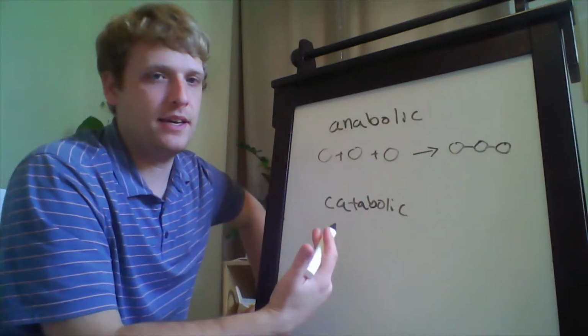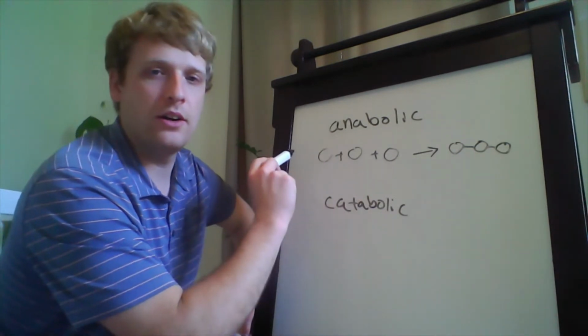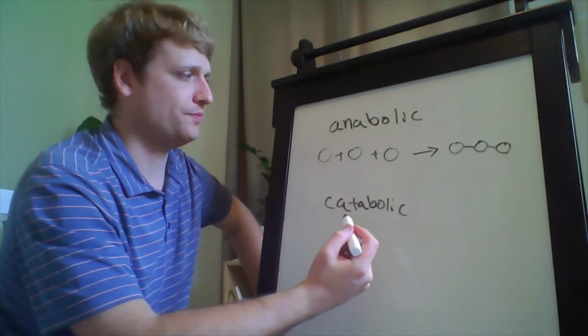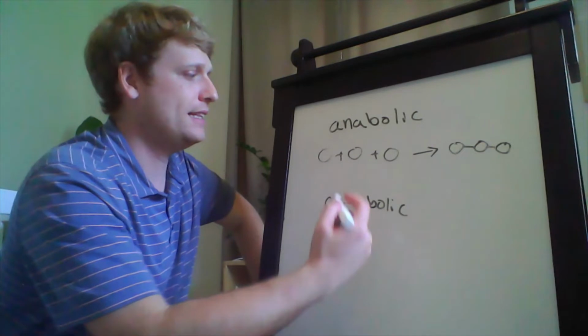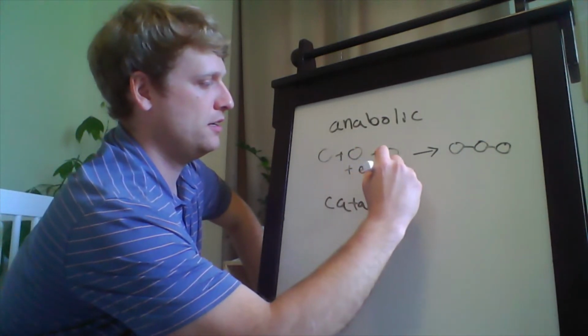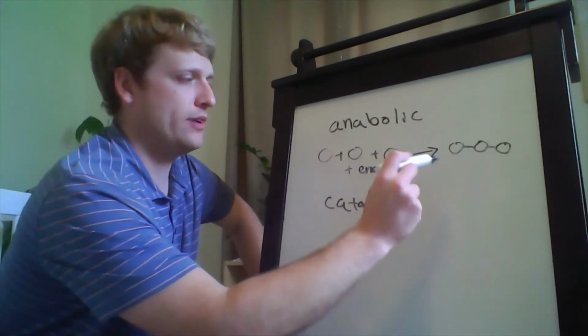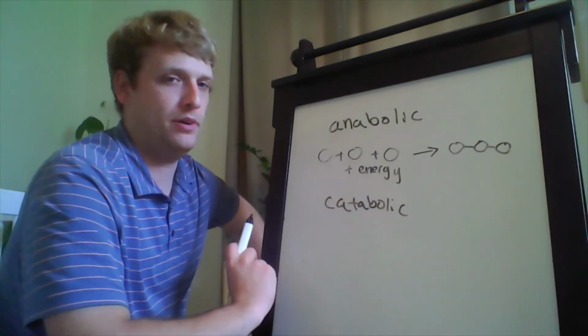So in the process of anabolism, you're taking monomers and you are covalently bonding these monomers to one another. So these monomers are now sharing electrons, and that requires energy. So there has to be an energy input before this reaction will proceed. This does not happen spontaneously without the input of energy.